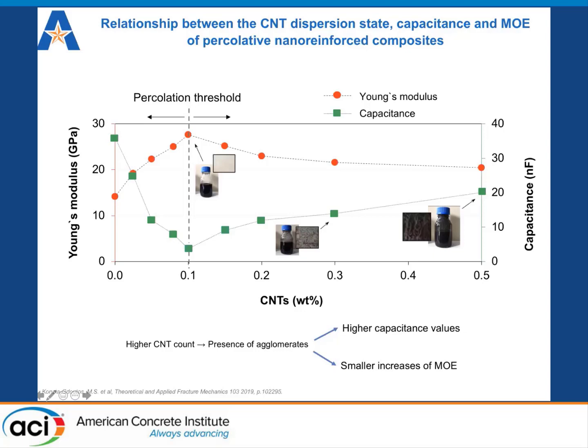The 0.1 per weight of cement carbon nanotube reinforced mortar demonstrates an average modulus of about 27.5 gigapascals, and these values actually correspond to the highest improvement in, not shown here, strength and stiffness, and at the same time the lowest values of the capacitance.